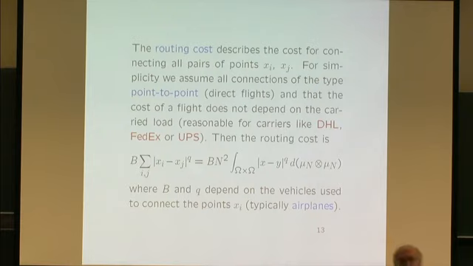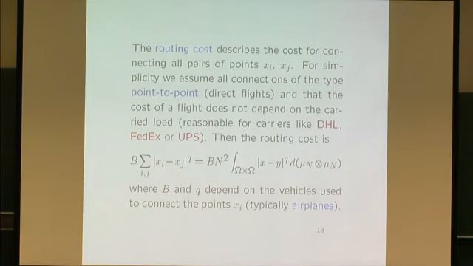No intermediate scale, no intermediate stops, just point-to-point. So if you want to go from an airport A to another airport B, you go directly without any intermediate stop. This simplifies a lot the problem.